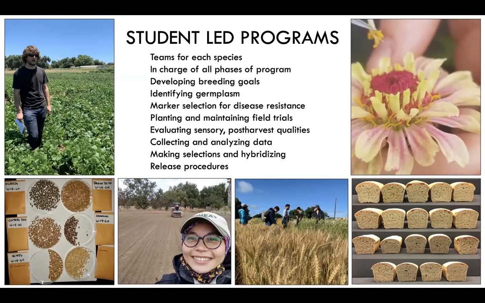And then doing everything from putting in trials to taking data, analyzing data, making selections, and thinking about the release procedures we're going to use for the different potential cultivars that come out. Now, I should mention there are two staff people, Antonia Palkovic and Laura Roser, who really make sure the teams keep going and that things are done in a sensible way. And really, without their help, the project wouldn't perform as well as it has.